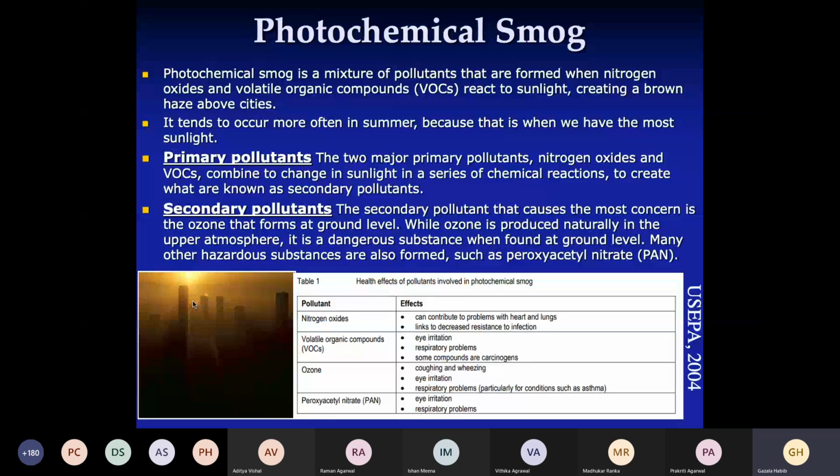There is also a presence of various organic compounds such as acid, acetaldehyde, acetone, methyl ketone, etc. These are actually oxygenated VOCs, and when they react with NOx and all, they form PAN.